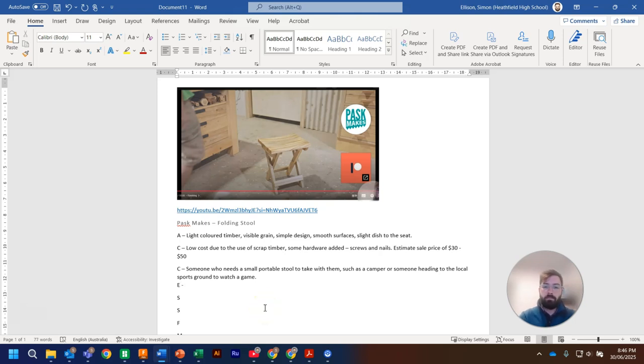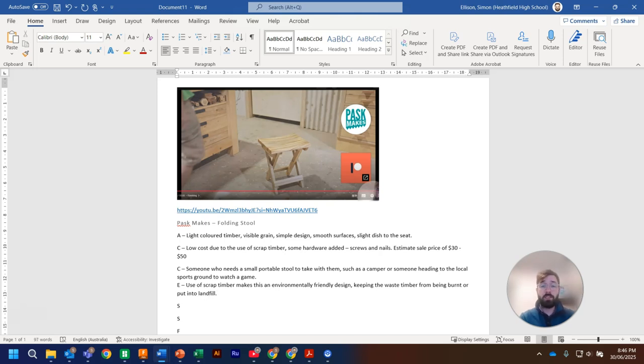E is for environment. Now for this, in the case of this particular product, because I know it's made from scrap timber, I could say something along the lines of use of scrap timber makes this an environmentally friendly design, keeping the waste timber from being burnt or put into landfill.